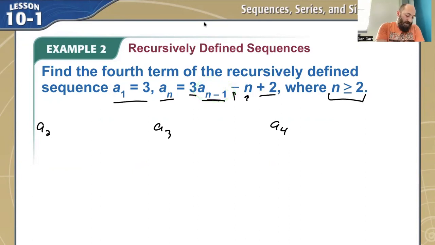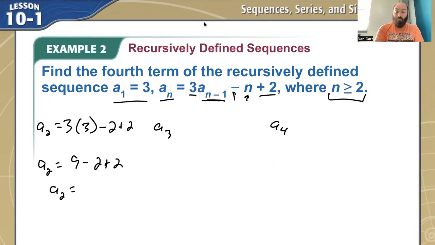So a sub 2 is going to be equal to 3 times the previous term, so 3 times a sub 1, which in this case is 3, minus the term number, so minus 2, and then plus 2. So I just go through this right now. It's going to be 9 minus 2 plus 2. So a sub 2 is just 9.